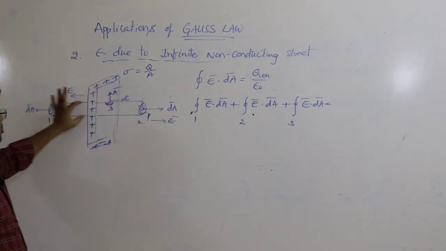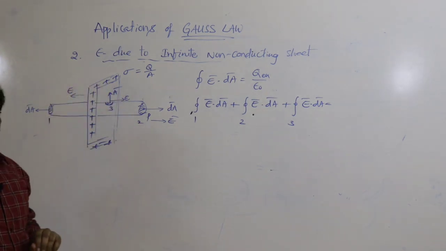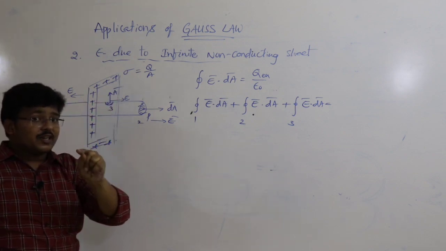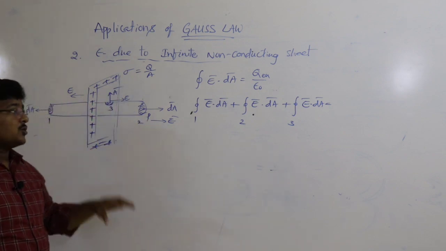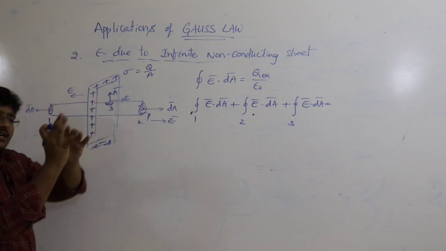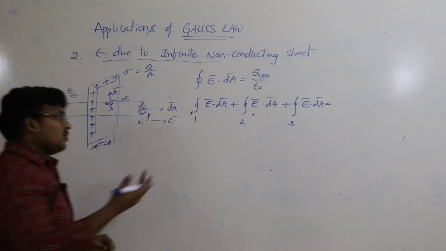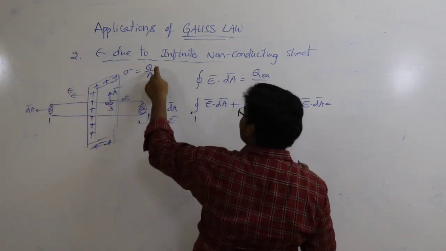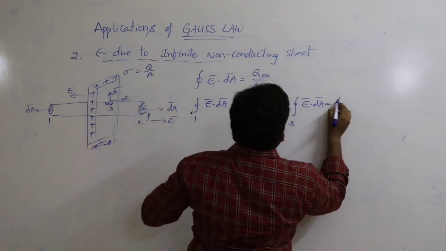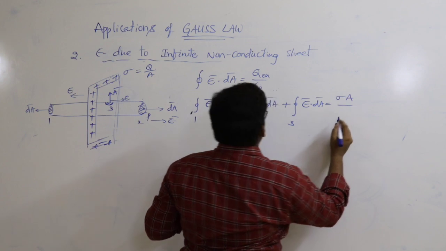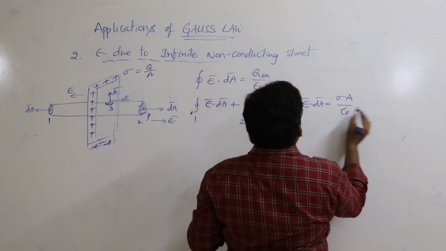Sir, how much charge is present in this? You know that sigma is given as charge per unit area, but we have some area. I have taken this cylinder very small; we can take a bigger one also. So in this assumption, sigma is Q by A, so Q is equal to sigma A, divided by epsilon naught.